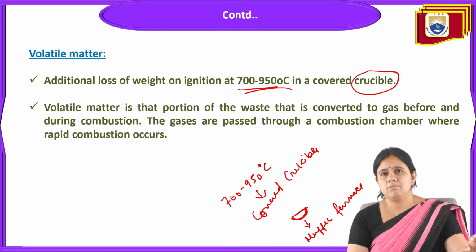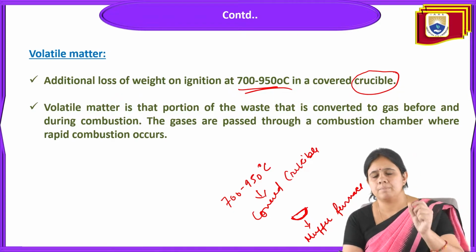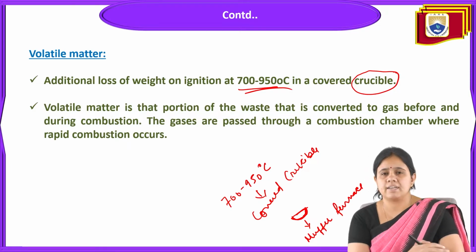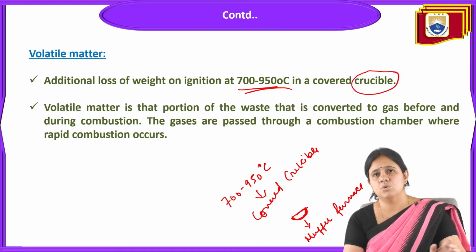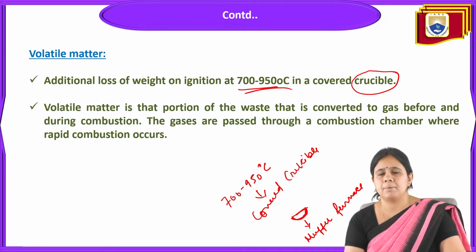And volatile matter is that portion of the waste that is converted to gas. This means volatile matter will be those things that can be converted into gas before and during combustion, and these gases are passed through a combustion chamber where rapid combustion occurs.